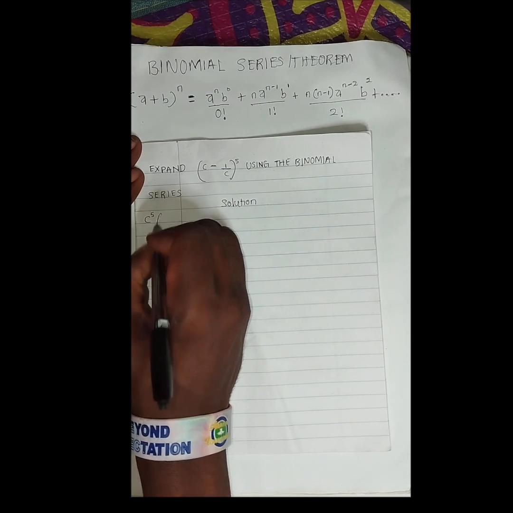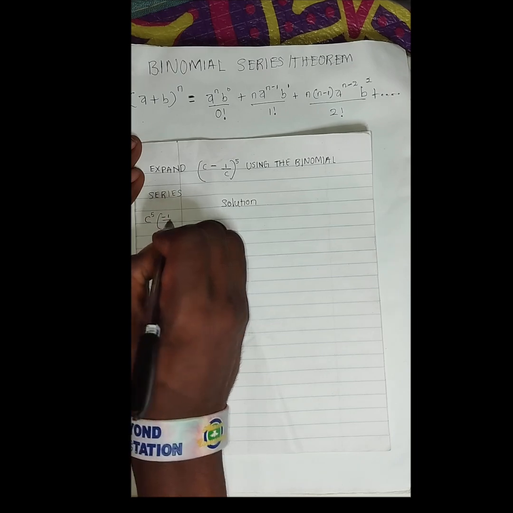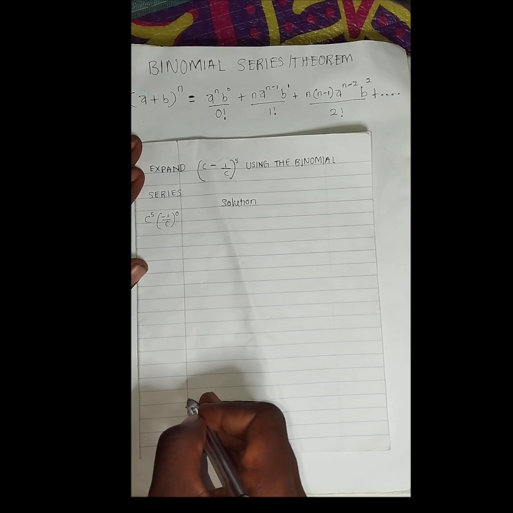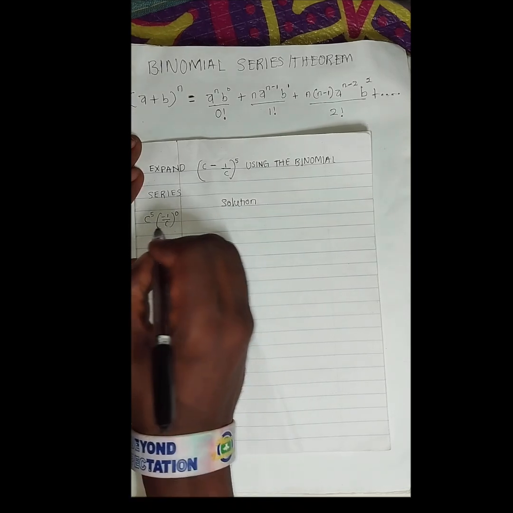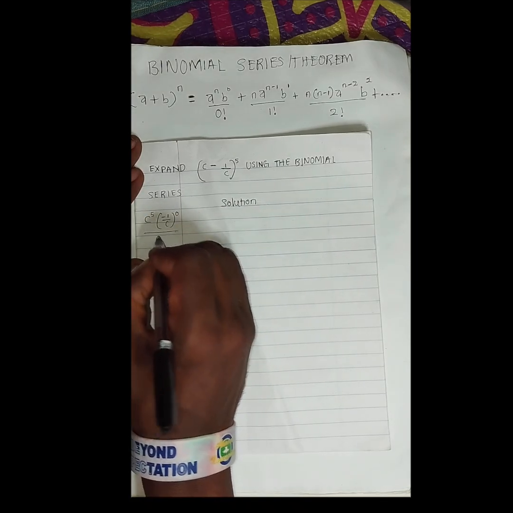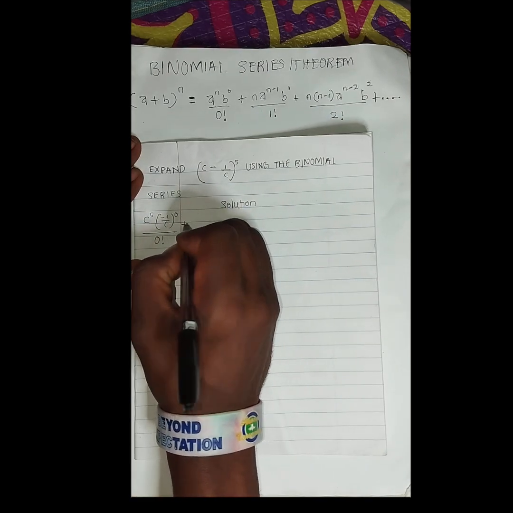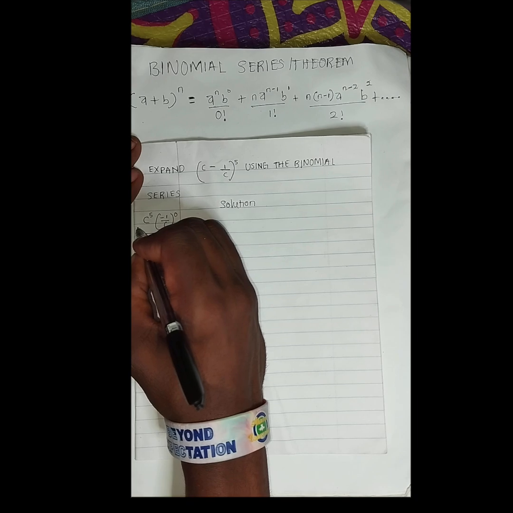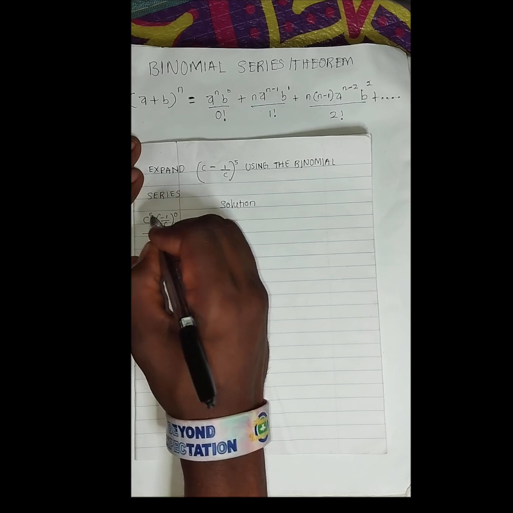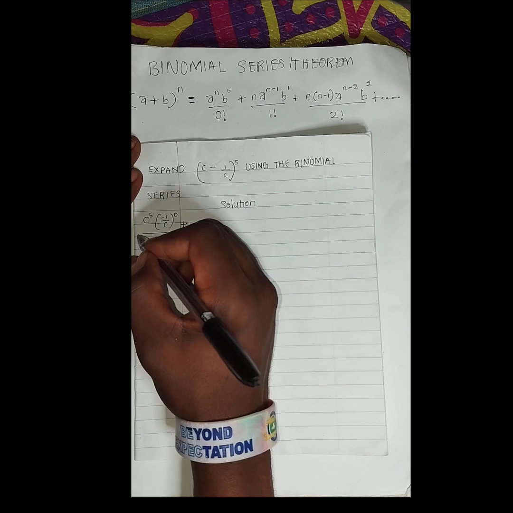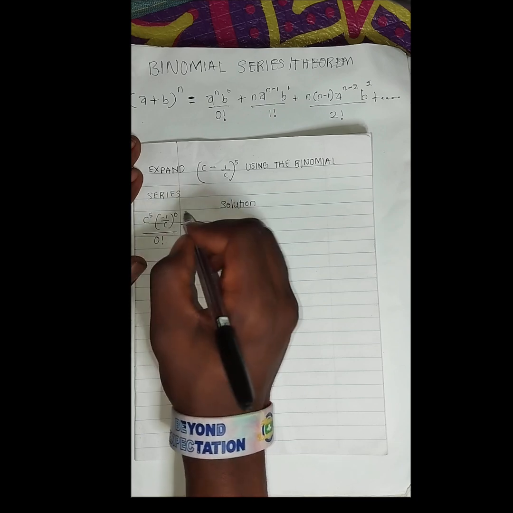So you have c times the bracket of minus 1 over c. Your second term will be raised to the power of 0 as usual. Then divided by what? 0 factorial. Let's keep moving. Plus 5 will come to the back. Don't just subtract 1 from 5. Make sure your 5 comes to the back. This is binomial series for you.